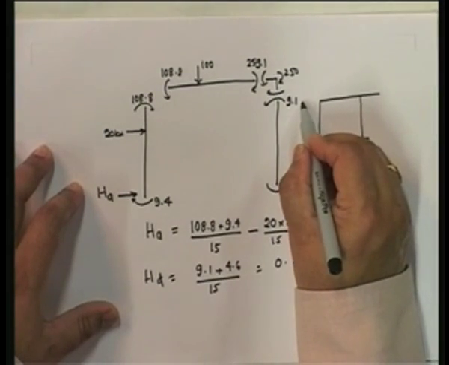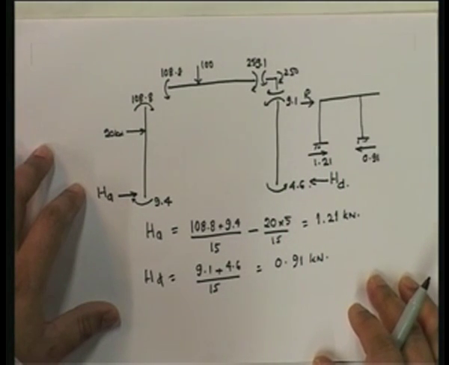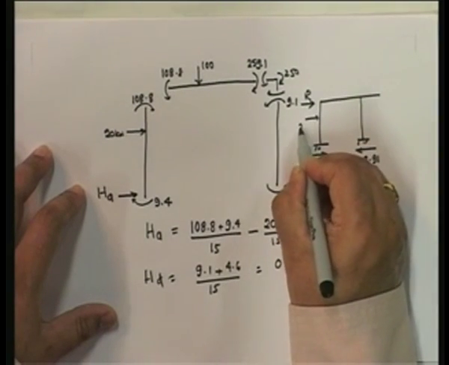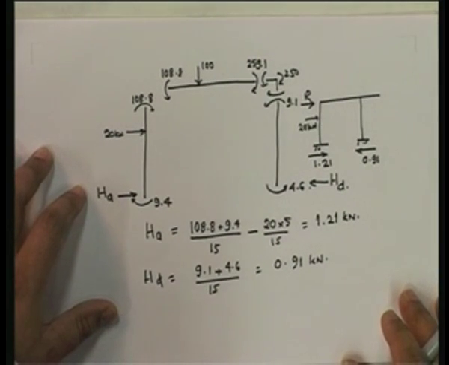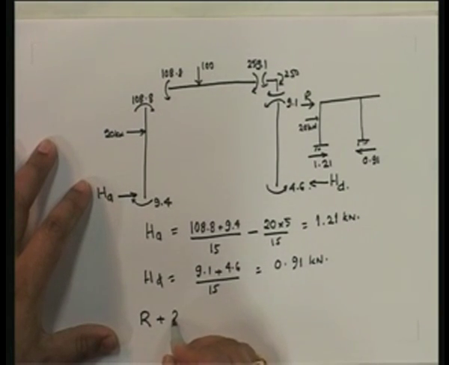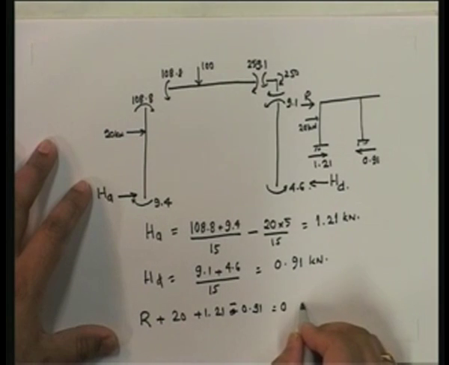okay, and we have a reaction R here, okay, and you have load 20 kilonewton here. So if you look at that R, this is going to be R plus 20 plus 1.21 minus 0.91 is equal to 0.